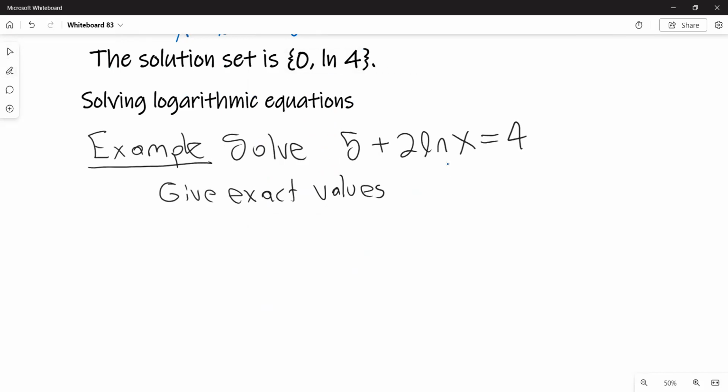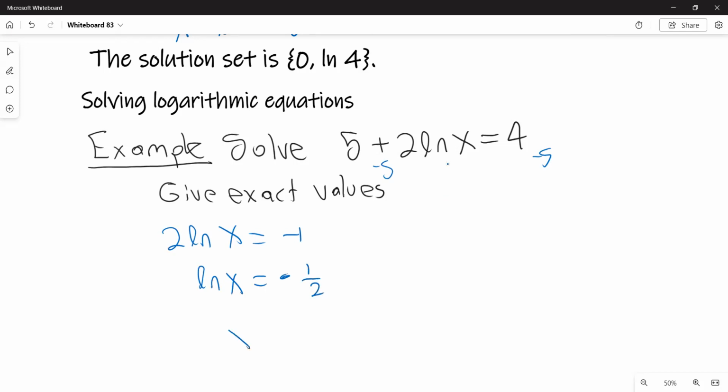So first we're going to isolate the logarithm on one side. And 2 natural logarithm of x equals 4 minus 5, subtract 5 from both sides. That's -1. And the natural logarithm of x is -1/2.